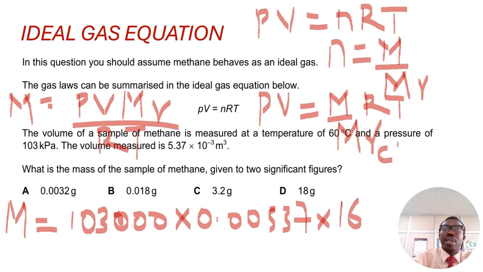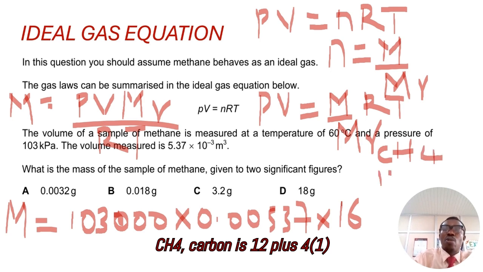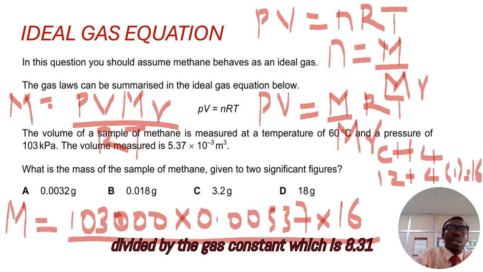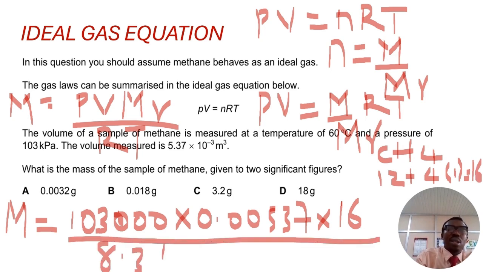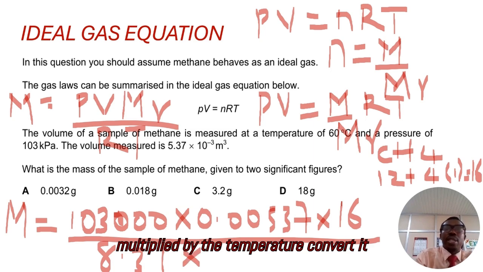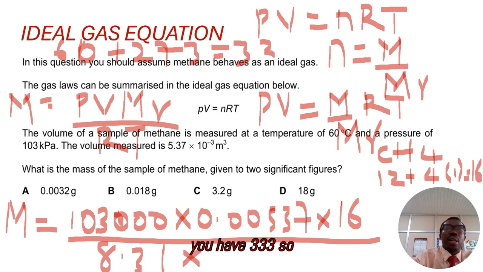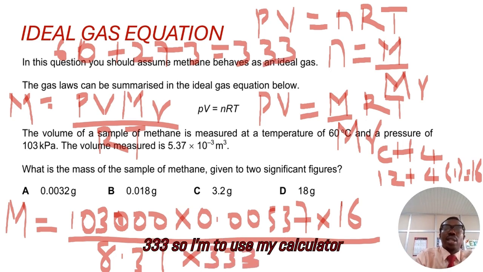The gas is methane CH4. Carbon is 12 plus 4 bracket 1, which is equal to 16, divided by the gas constant, which is 8.31, multiplied by the temperature. We'll convert it to Kelvin because it's in degrees Celsius, so 60 plus 273, you have 333. So multiply by 333.